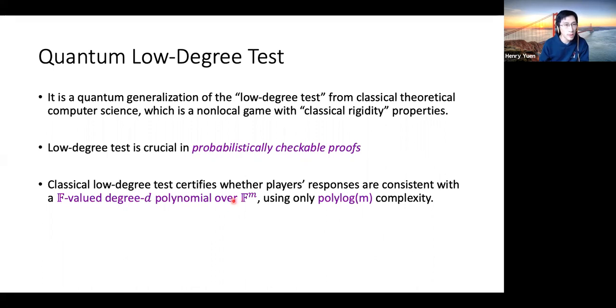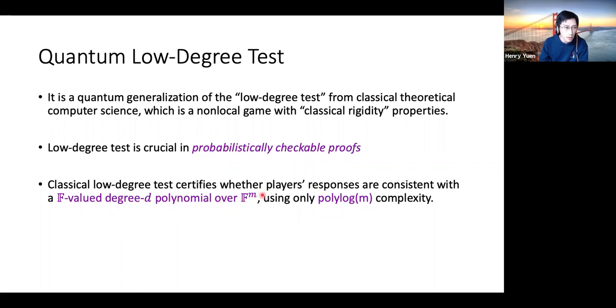And what do I mean by classical rigidity? You assume that the players are using classical strategies, but when you play this game, it certifies some algebraic structure about what their deterministic strategy is doing. It really says that their responses are consistent with low degree polynomials over a vector space over a finite field, using very little complexity.